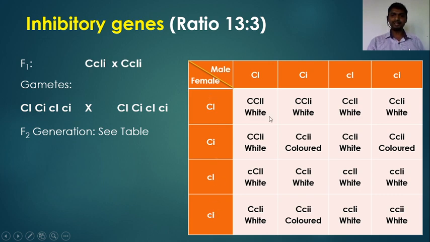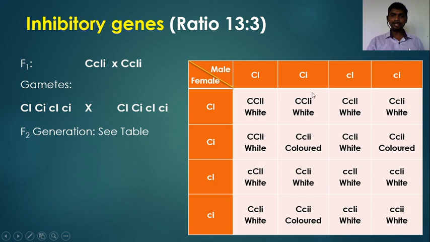But the interesting results are here. Suppose the genotype is CC II. The phenotype is white. How is it white? This genotype contains a dominant color gene, capital C, but in addition it also contains a dominant inhibitory gene, which inhibits the phenotypic expression of the color gene C, so the phenotype appears white. Here is also the same case.